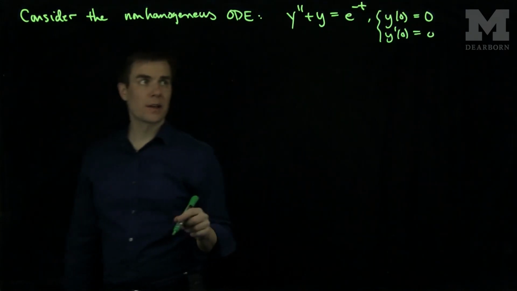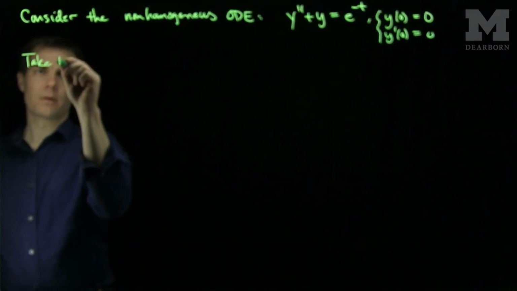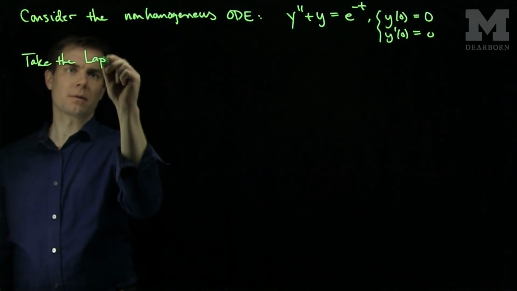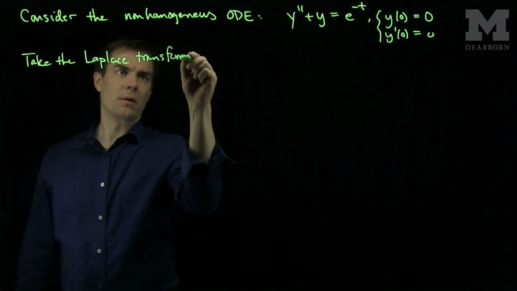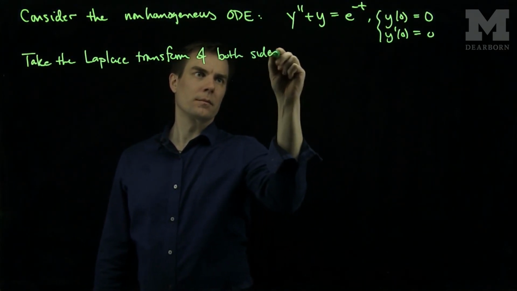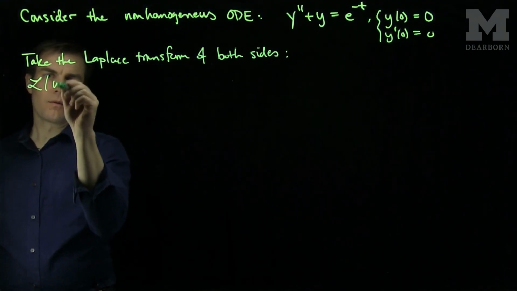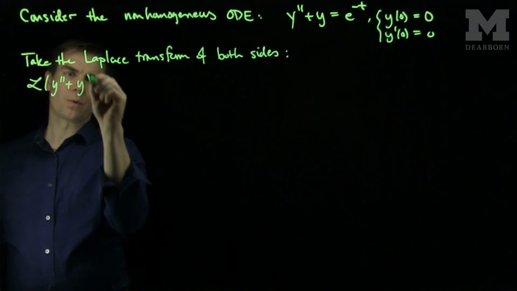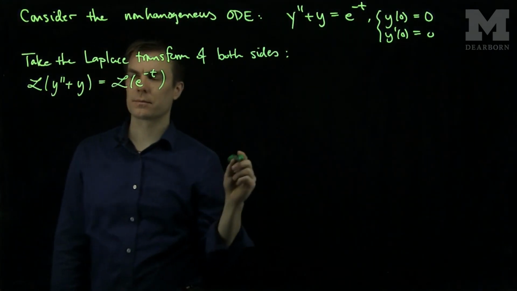So I'll solve this by taking the Laplace transform of both sides. So I'll have the Laplace transform of y double prime plus y will be equal to the Laplace transform of e to the negative t.